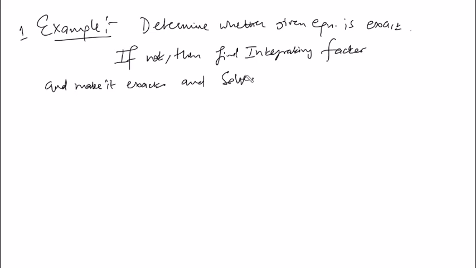So this is the example: (x plus 2 sin y) dx plus x cos y dy is 0.